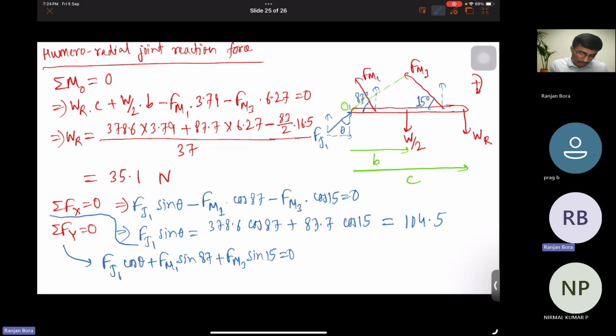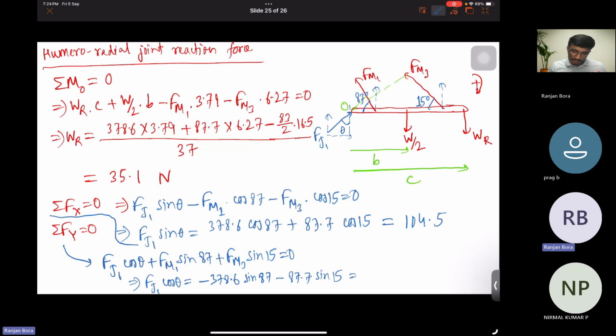And from here FJ1 cos theta is minus, FM1 sin 87 minus 87.7 sin 15.